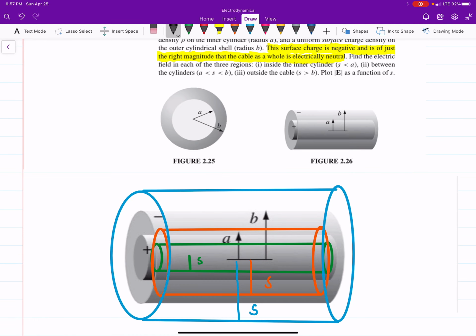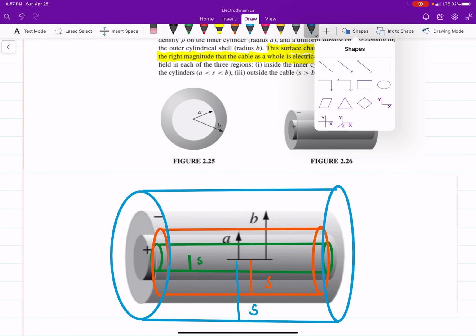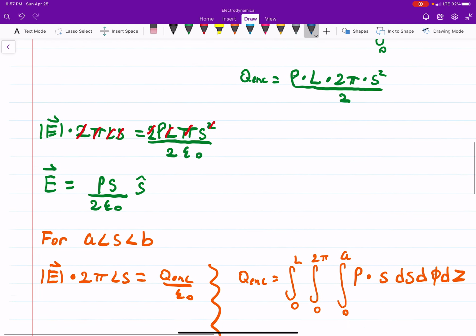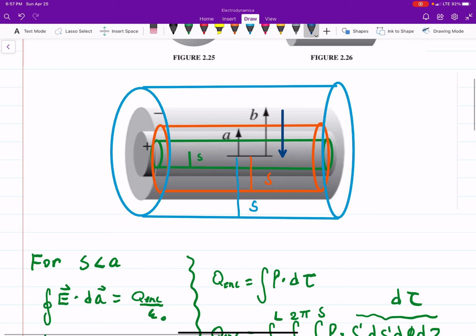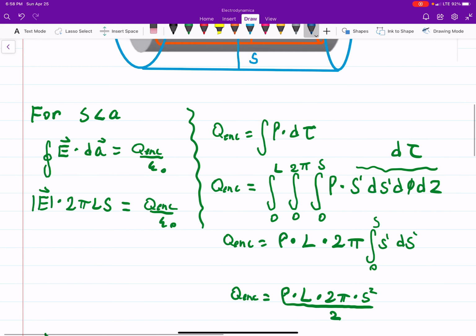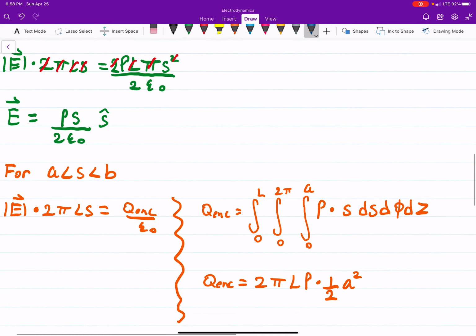So as we're going from here to here, which is basically where they want the potential difference, we're going from the E field in between to the E field actually inside there. So that's the big thing that changes.